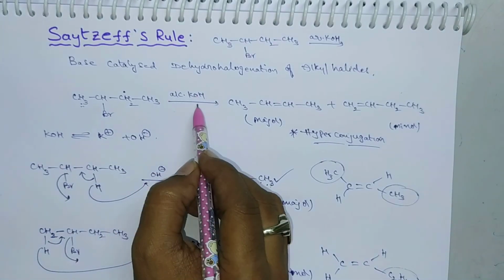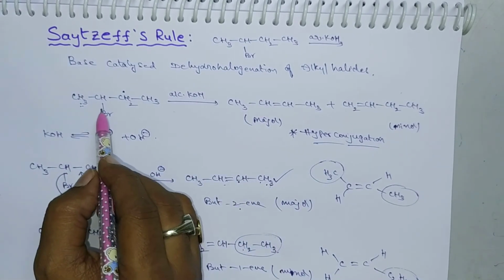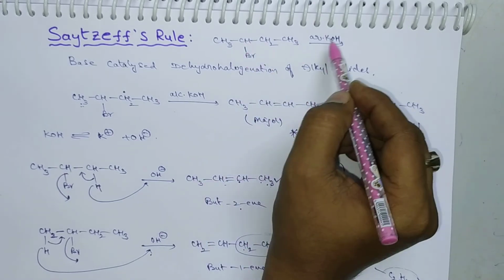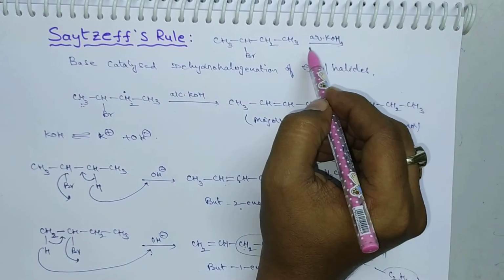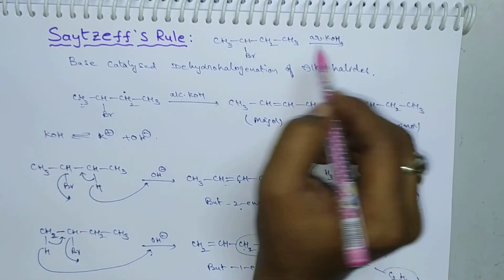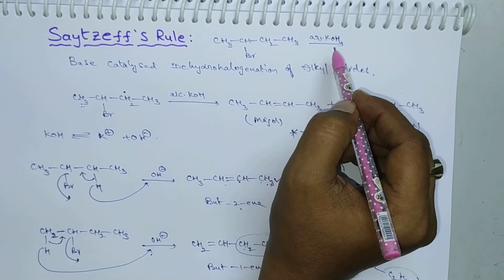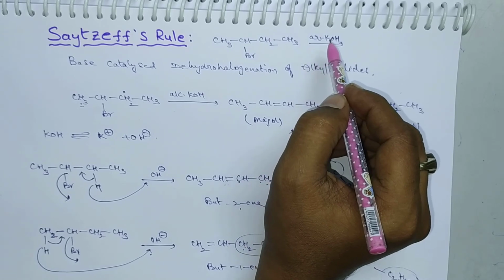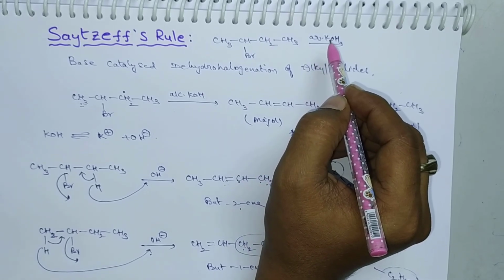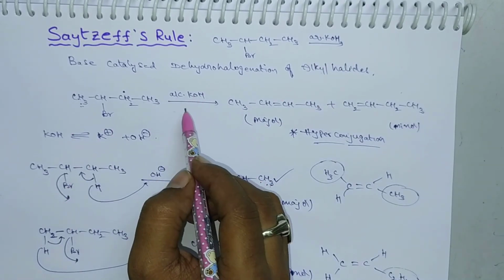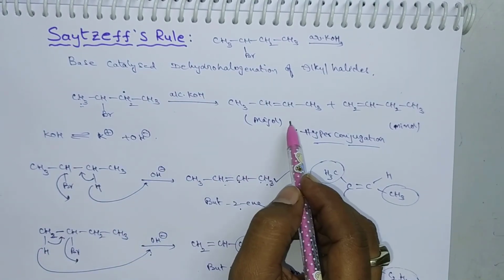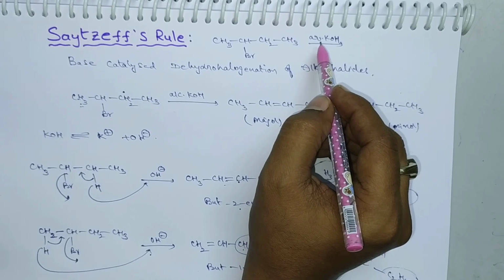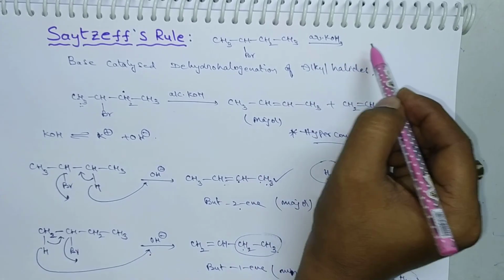In the presence of alcoholic KOH, the reaction proceeds through elimination. But if we use aqueous KOH, substitution takes place. In the presence of aqueous KOH, it undergoes a substitution reaction, and in the presence of alcoholic KOH, it undergoes an elimination reaction. Now guess the product here.